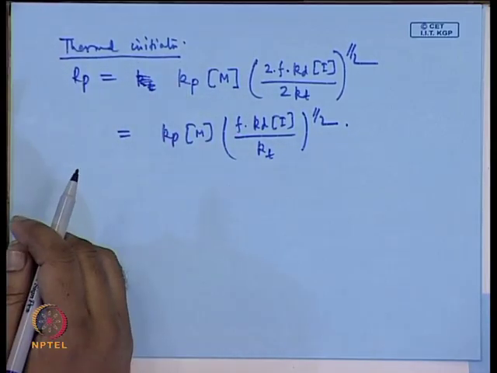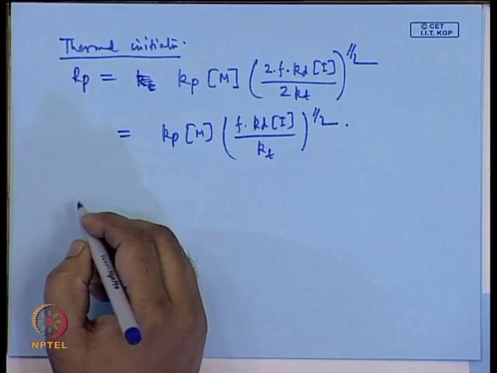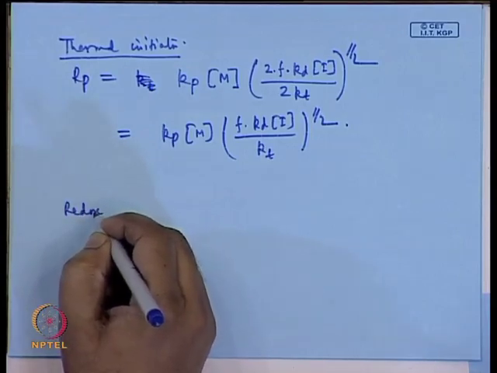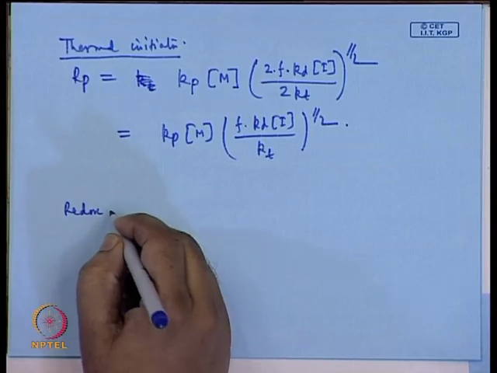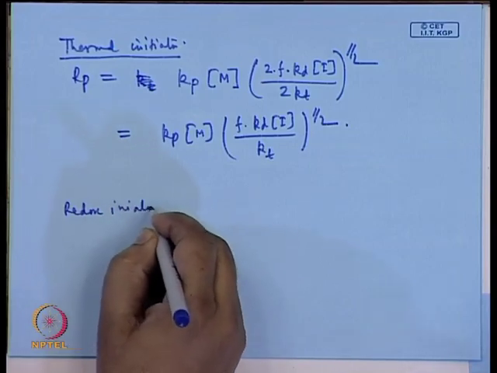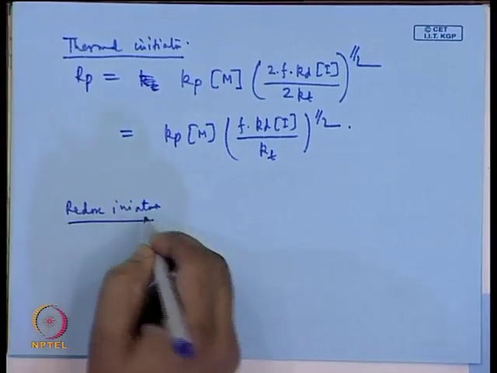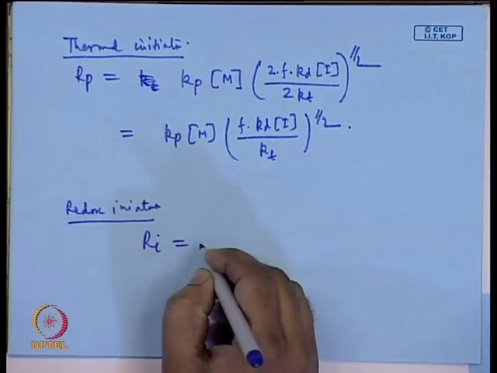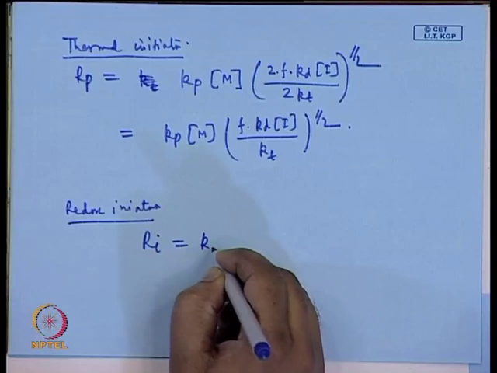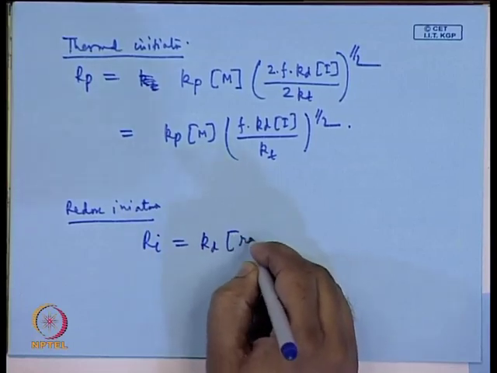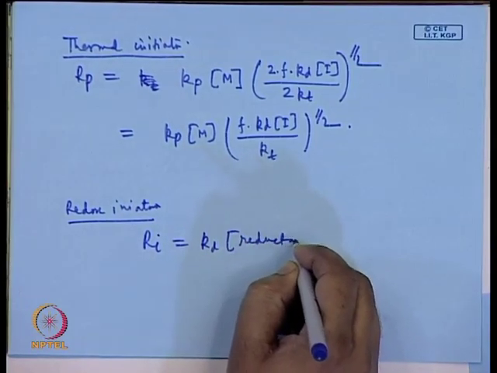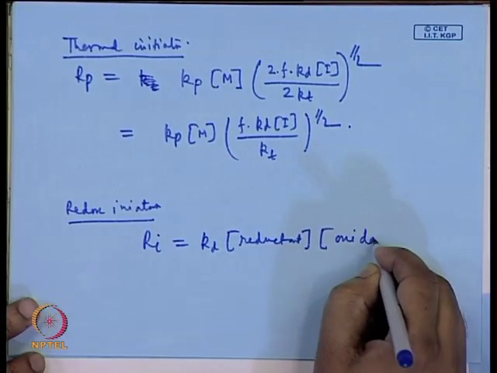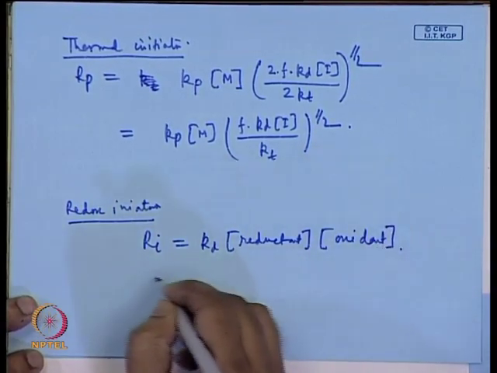What would it look like for a redox initiator? For redox initiator, the rate of initiation is Kd times the concentration of reductant and oxidant.